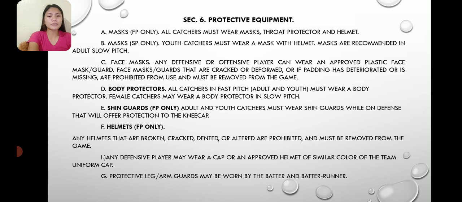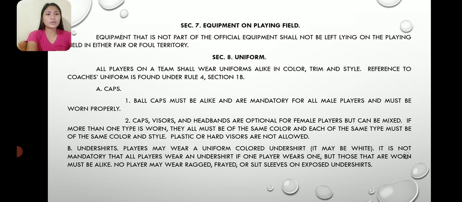Protective leg and arm guards may be worn by the batter runner. Section 7. Equipment on the playing field. Equipment that is not part of the official equipment shall not be left lying on the playing field in either fair or foul territory.